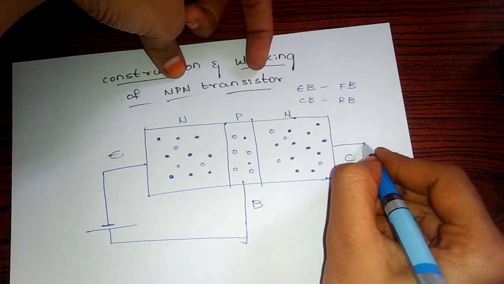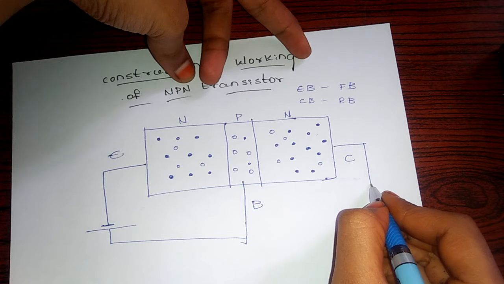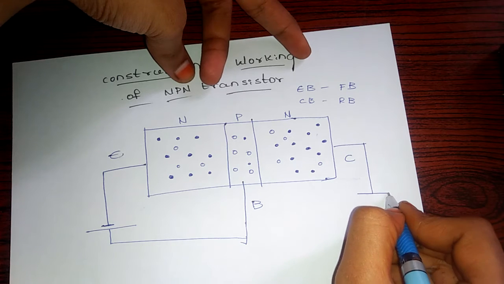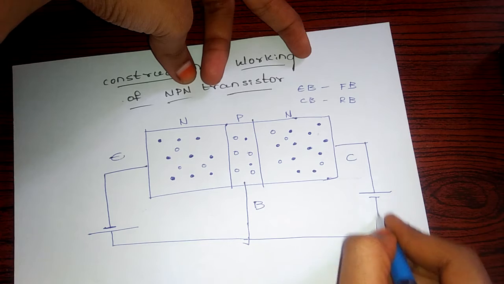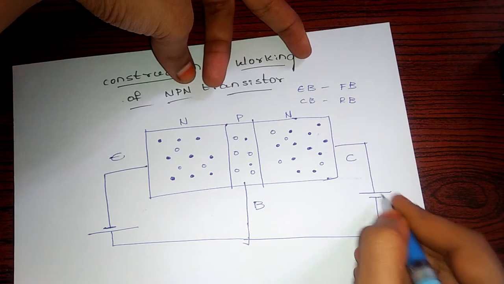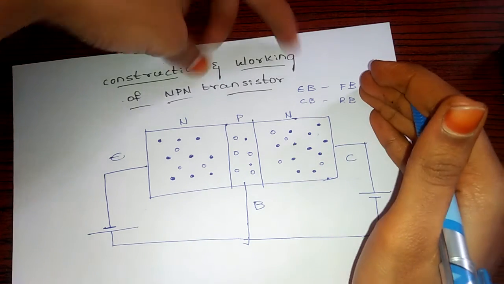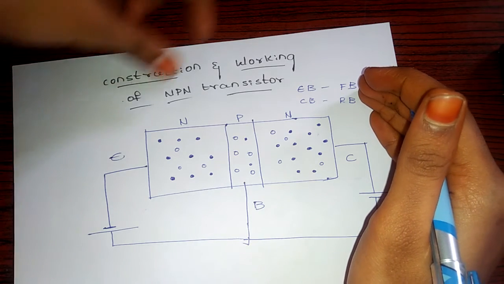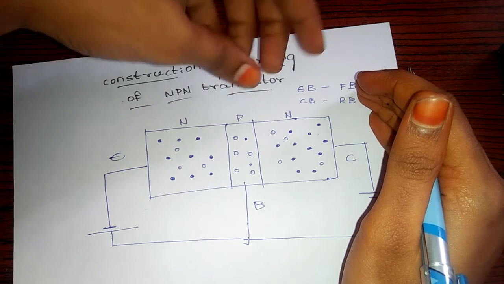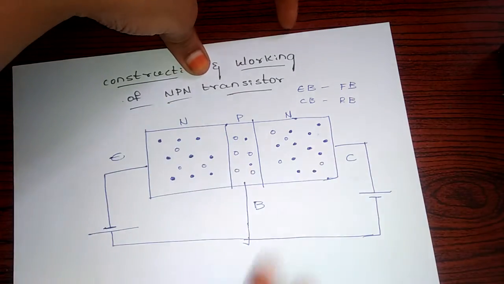We connect the collector terminal to the positive terminal of the battery and the base to the negative terminal of the battery. So this biasing is a reverse bias. Finally, the whole biasing gives the active region, operating the transistor in the active mode.